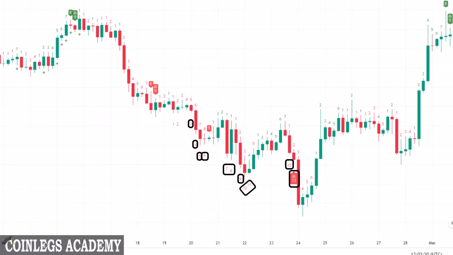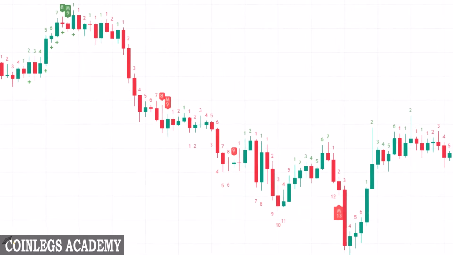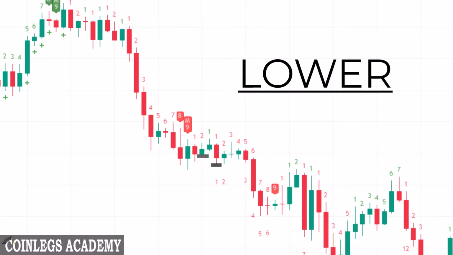The low of the last bar should be lower than the low of the bar we found when we counted down to 2. If we look at this point, where the 13 count starts, we can see that the lowest level of our start bar is lower than the lowest level of this bar.